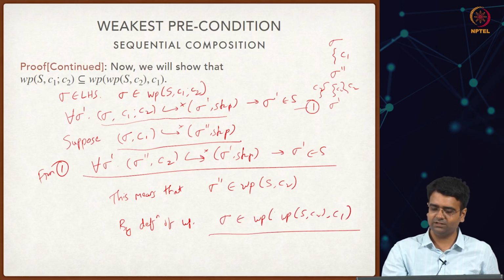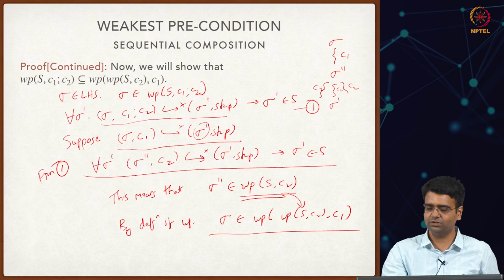Why is that? Because what we have shown is that any execution of C1 on sigma which leads to a state sigma double prime, such a sigma double prime must be in this set, right. So this is directly coming here, which is in WP S comma C2.